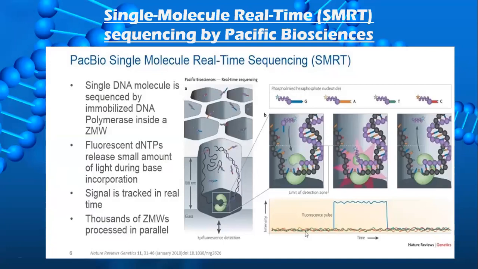Zero mode waveguides are named so because the holes which serve as waveguides are smaller than the wavelength of light, so the light doesn't pass through it. The fluorescent dNTPs then release a small amount of light during base incorporation. The signal is tracked in real time, and thousands of ZMWs are processed in parallel.